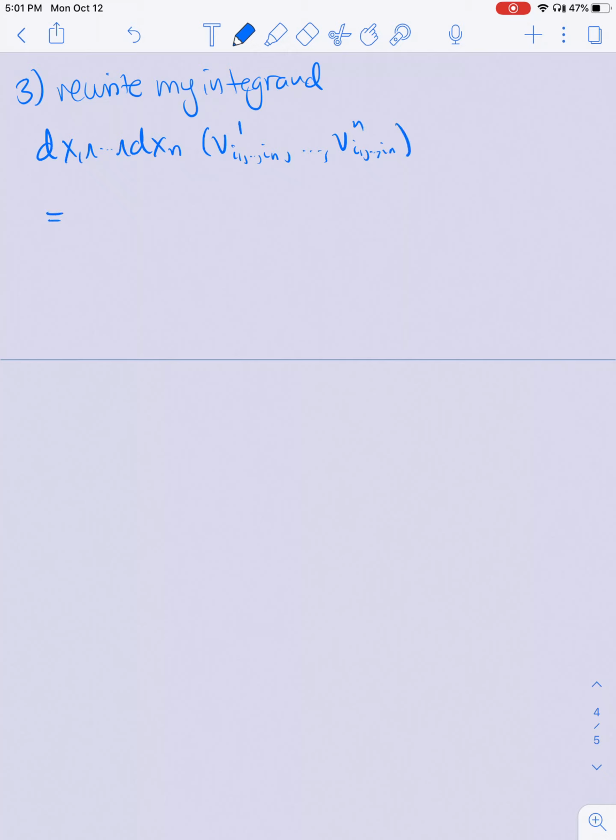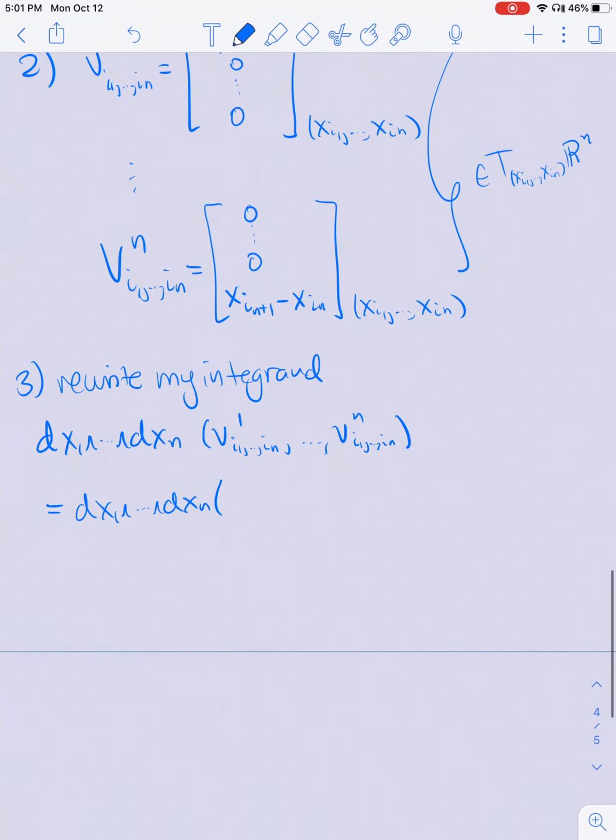So remember my integrand is f dx1 wedge all the way out to dxn. Maybe integrand is the wrong thing to say here. I want to rewrite the terms in my sum.